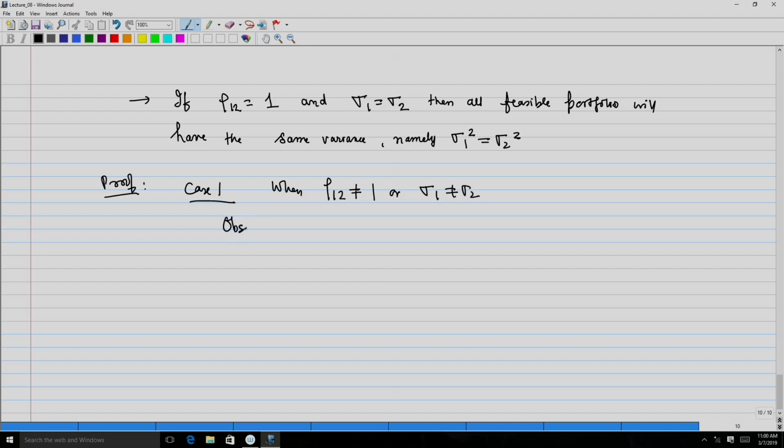So, observe that sigma v square, which is synonymous with the risk because that is just the square of the risk, which is given by the standard deviation.